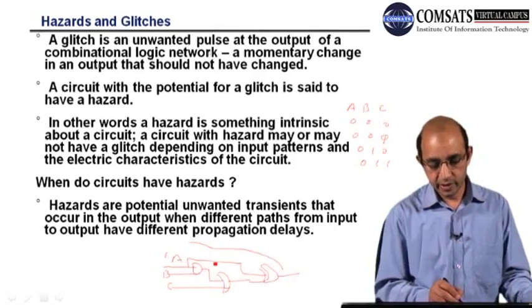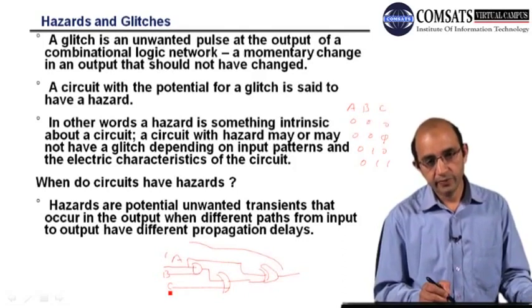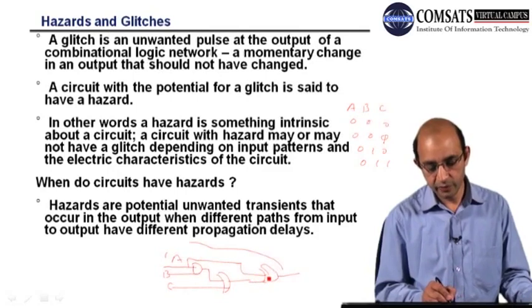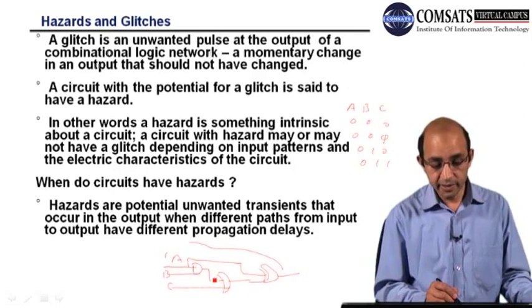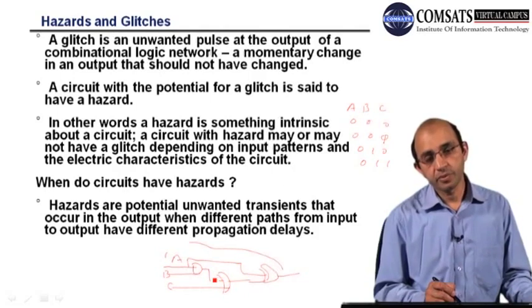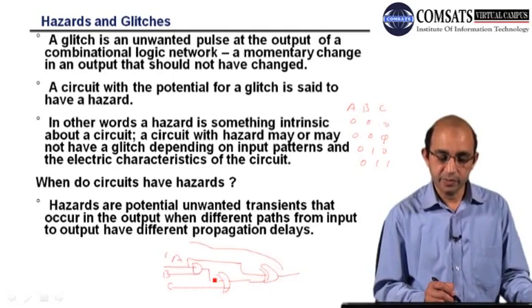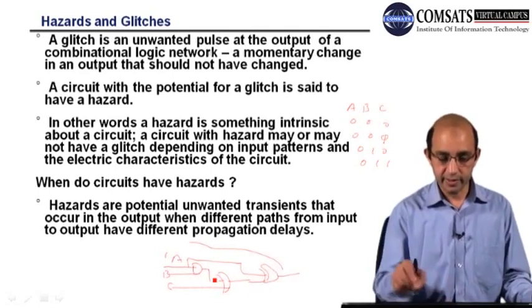You can see that we have different possible paths from input to output. Here A is applied directly, and then A and B are passed through this AND gate. So there are different paths from input to output, having different propagation delays. That sort of circuit has the potential to have hazards.